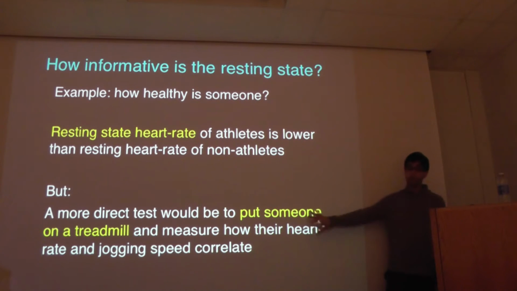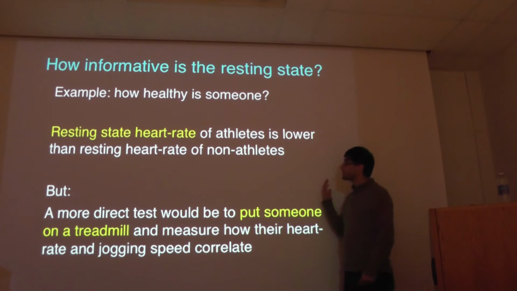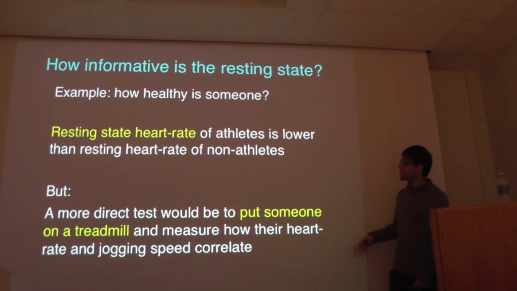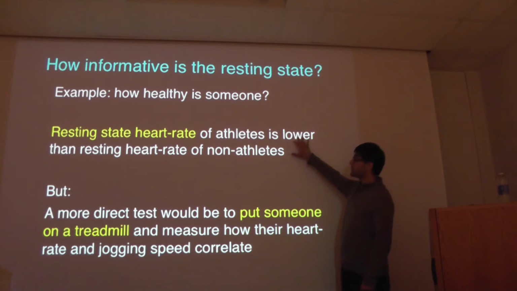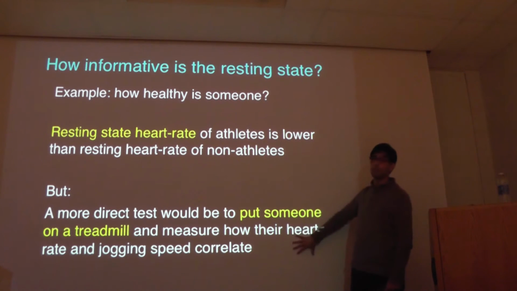And that's a very, very informative measure of how healthy someone's heart is. And that's what the doctor will do, I think. In my view, which is my personal view, although you could get a lot of information from someone's resting state heart rate, why not do this?